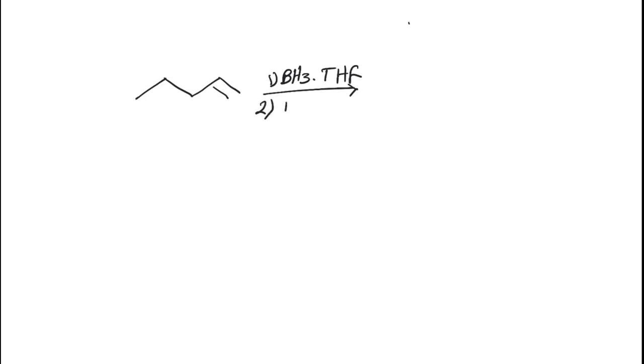And step 2 is H2O2, NaOH, and H2O. And the product is anti-Markovnikov, which means we add hydrogen to the carbon with fewer hydrogens and OH, the nucleophile, to the carbon with more hydrogens. So this is the major product of this reaction.